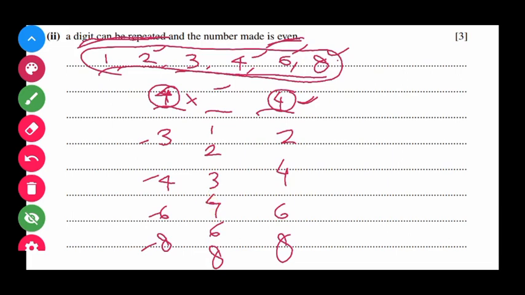So in total we get 4 times 6 times 4, which is 96. So in 96 ways you can arrange the numbers with the given conditions.